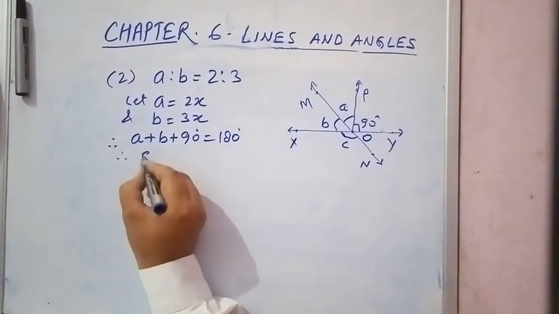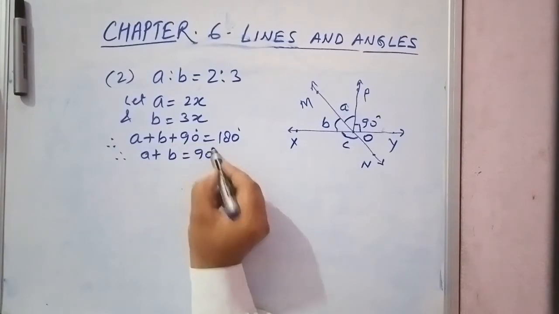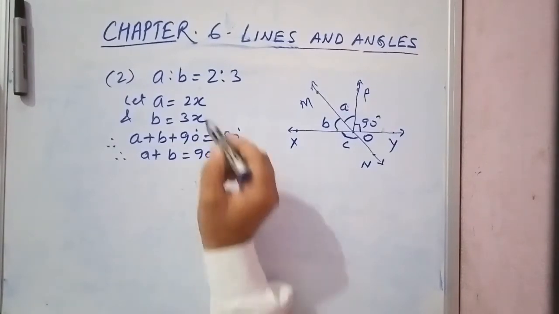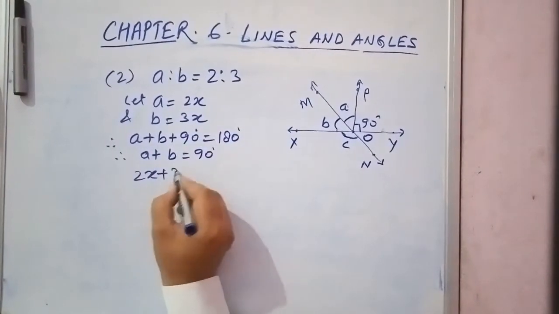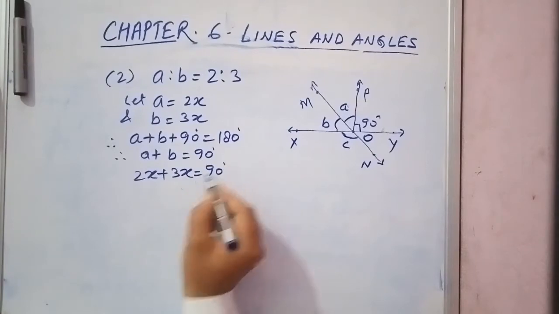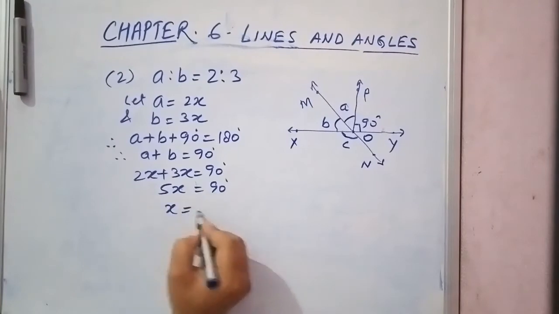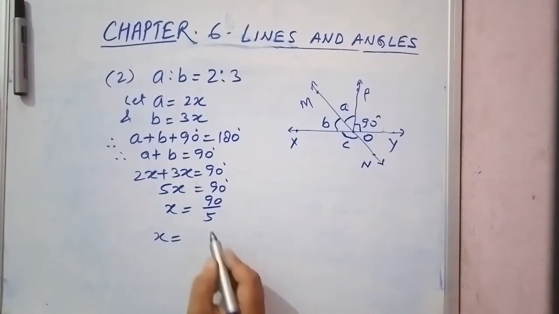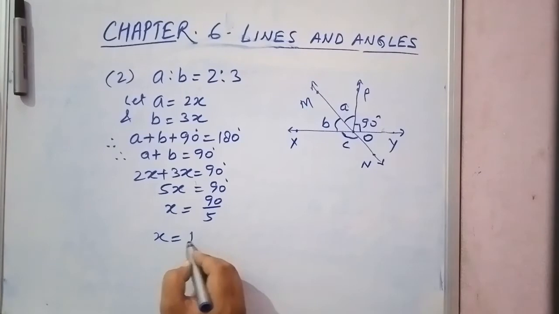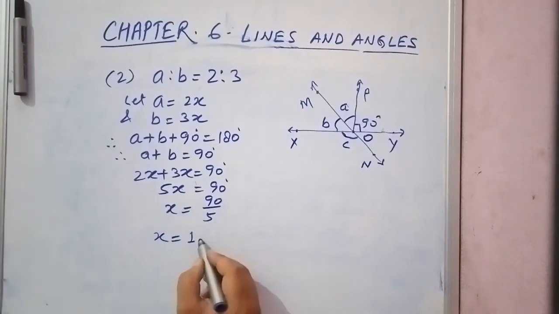So a plus b should be 180 minus 90, that is 90 degrees. So putting the values of a and b, 2x plus 3x equals 90, and 5x equals 90, so x equals 90 divided by 5, which gives x equals 18.